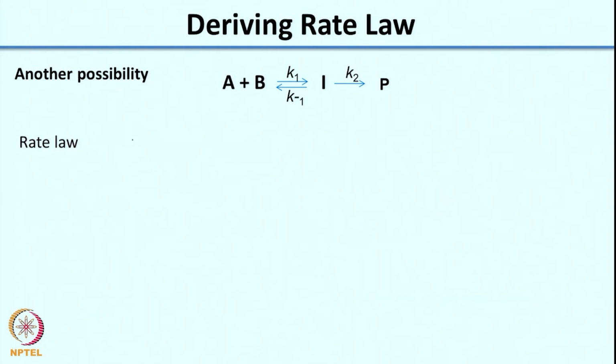So, initially the rate you start off, in this case it is K2 into I, because it is the intermediate that gives you P. Now, we need to express I in terms of A and B. So, again we will apply steady state approximation.